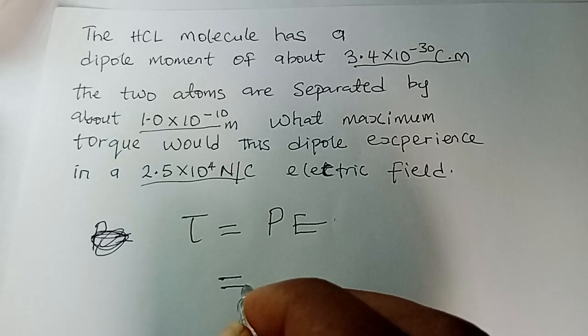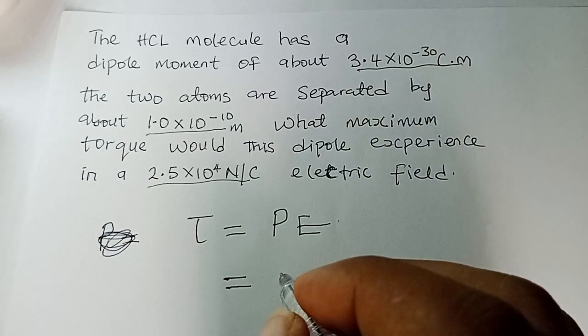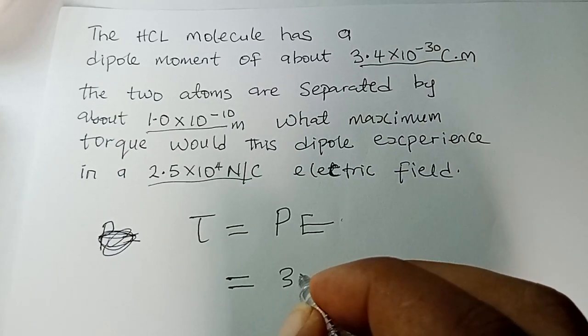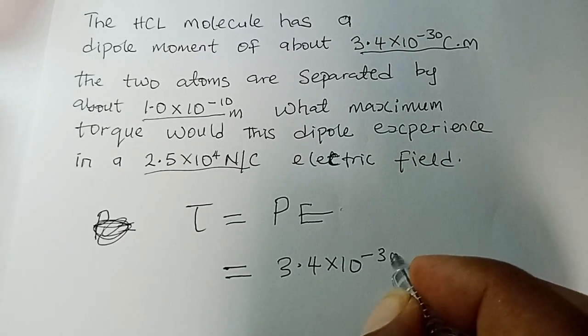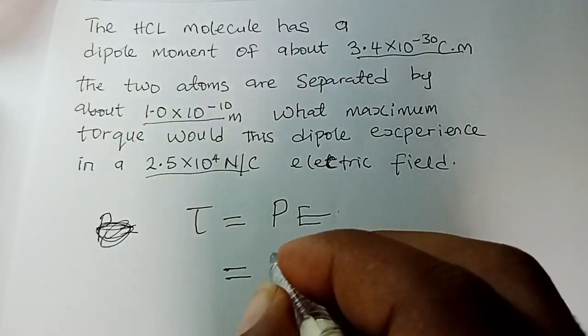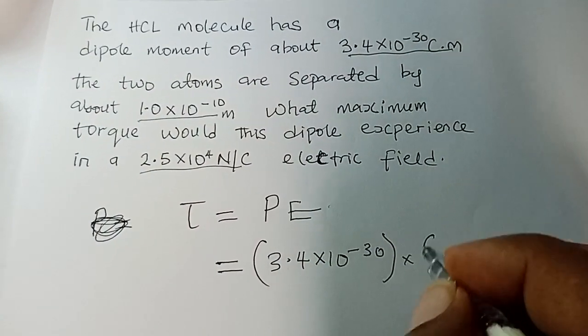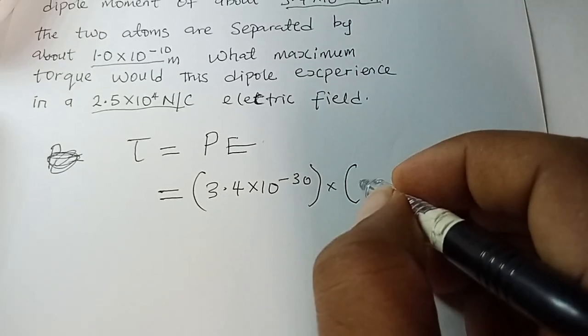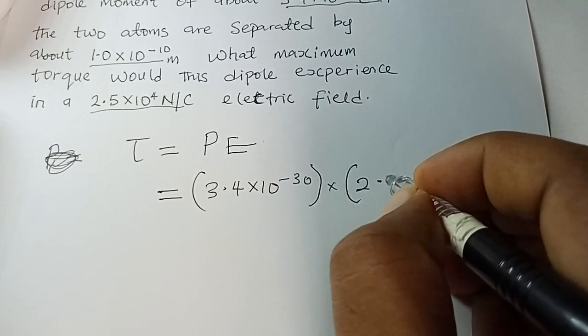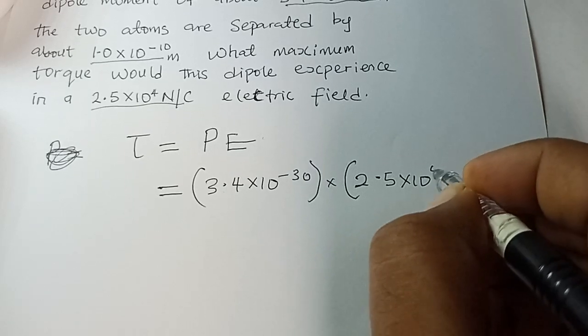So the dipole moment is 3.4 times 10 raised to the power of minus 30. We multiply this by the electric field, 2.5 times 10 raised to the power 4.